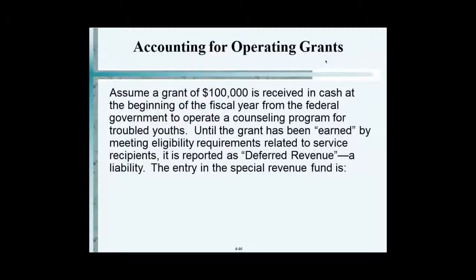So this is what I was speaking about. You basically report it as deferred revenue, as a liability. And in the new term by GASB, the next edition of the book that comes out, there is a new element which is called deferred inflow. That's where this would be reflected.